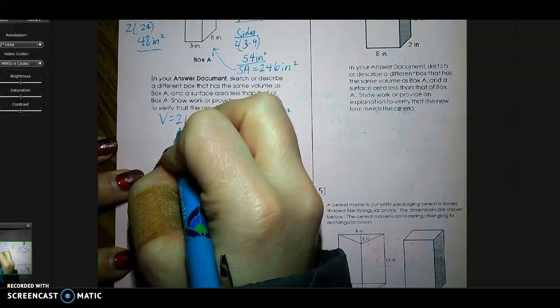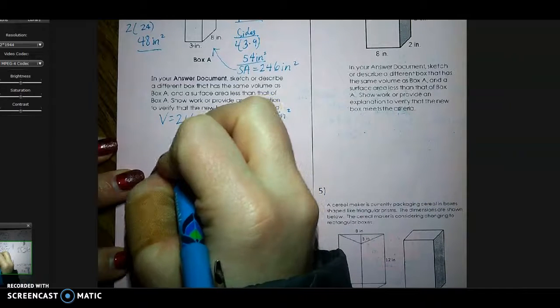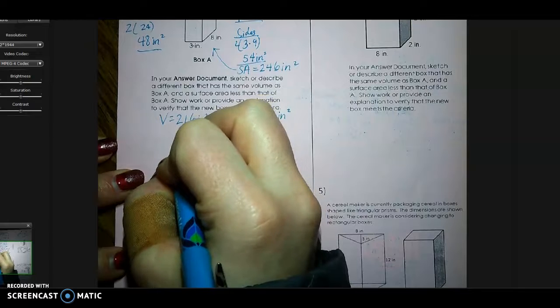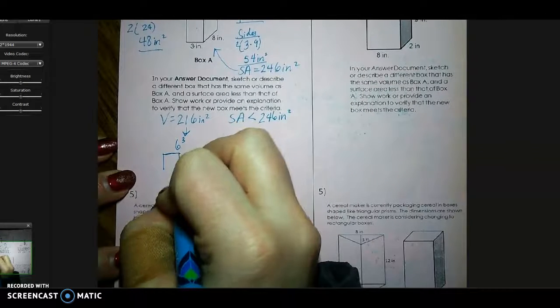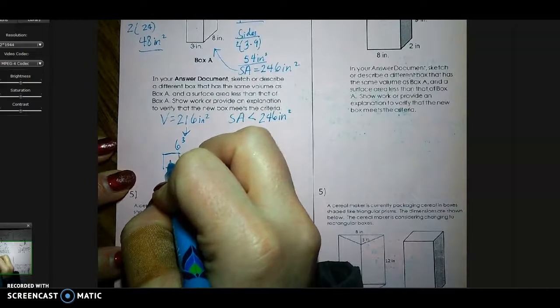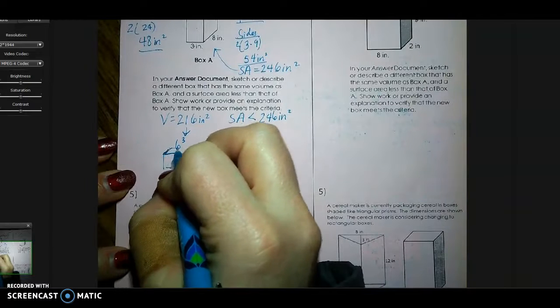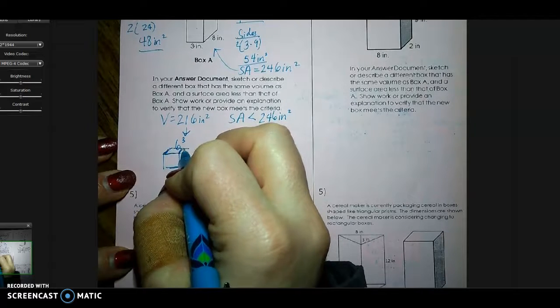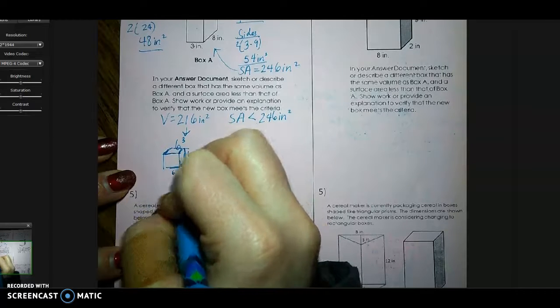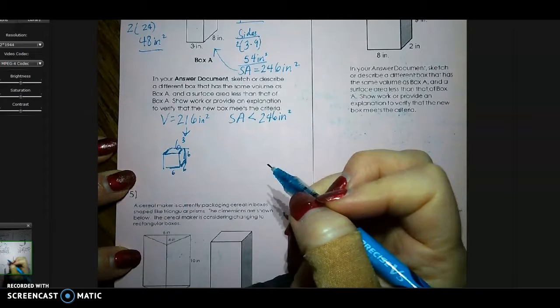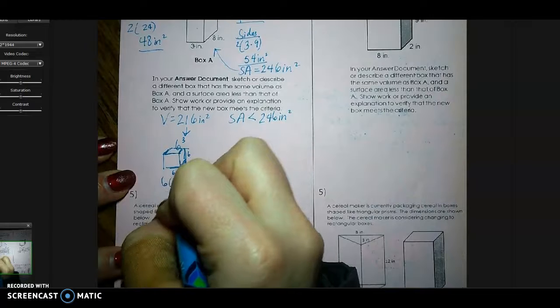So if I divide this by 6, or if I remember that 216 is 6 cubed, that means that I would have a perfect cube here. That was 6 by 6 by 6. That still gives me 216.